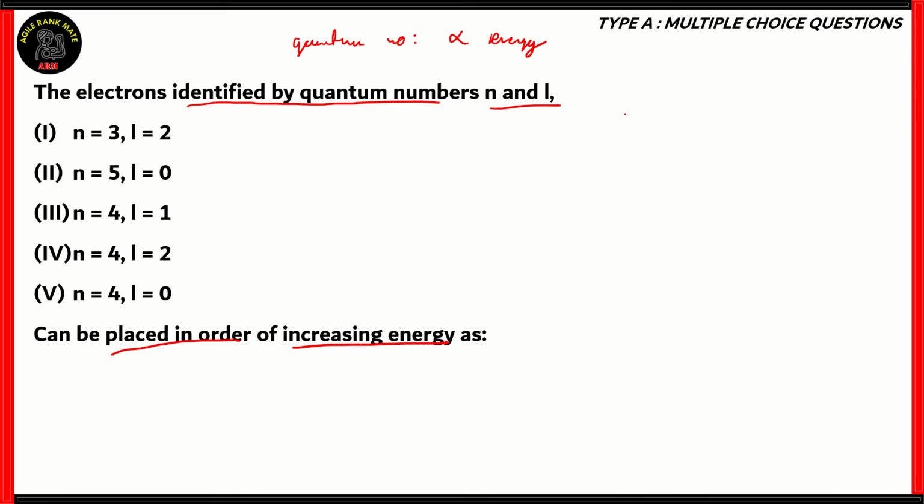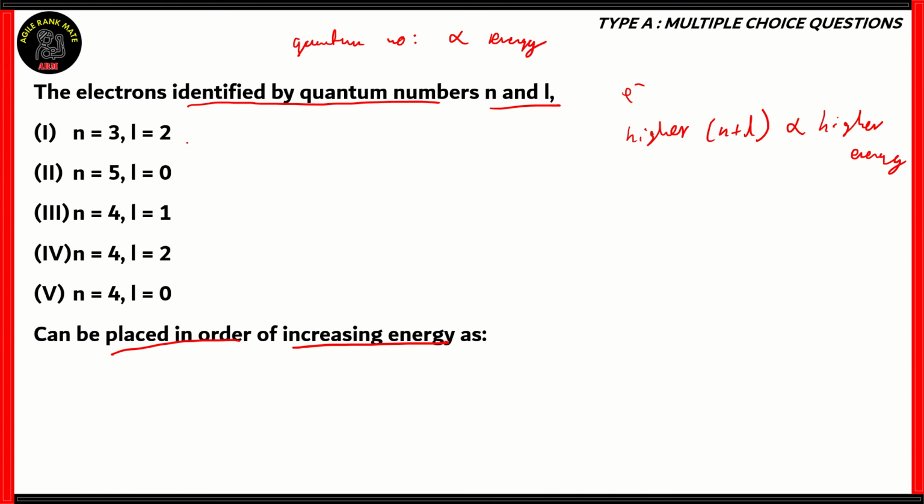For an electron, if you have a higher value of n plus l, which means the sum of the principal and azimuthal quantum numbers, that translates to higher energy. So the electron which has the maximum n plus l would give you the maximum amount of energy.